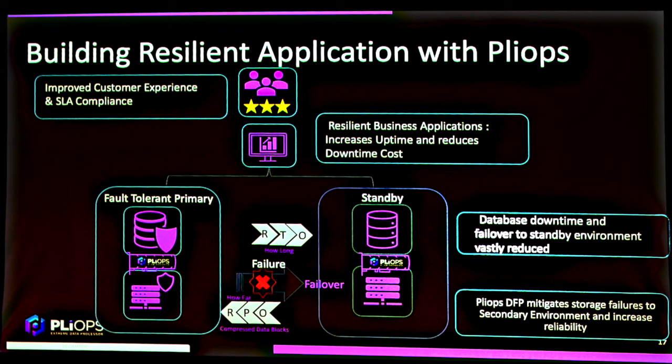So whether using MariaDB or MySQL, building resilient applications, we improve on making your primary instance more fault tolerant. Thereby, the primary instances are highly resilient to any failures within the storage infrastructure. We also improve things because we do inline data compression when it gets replicated from the primary onto the secondary.